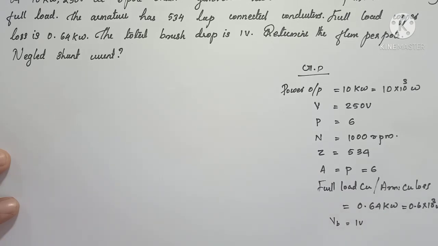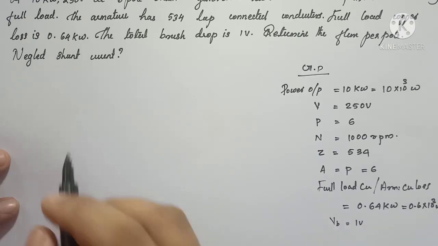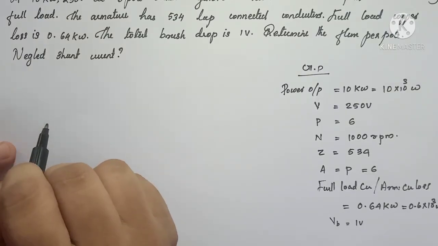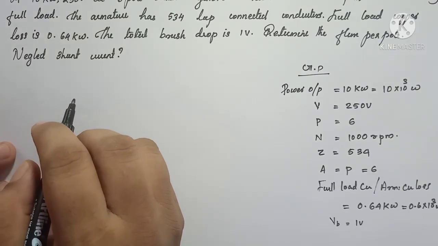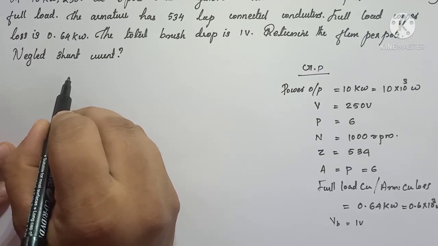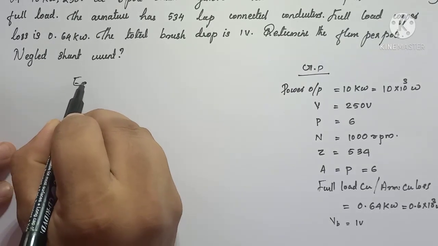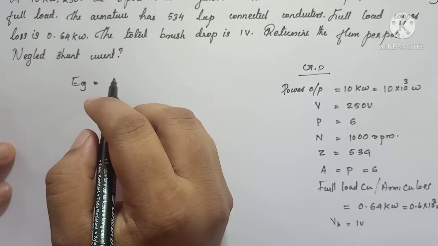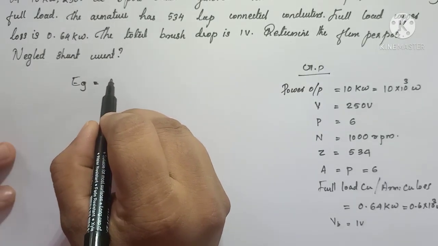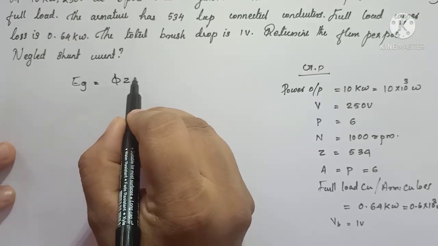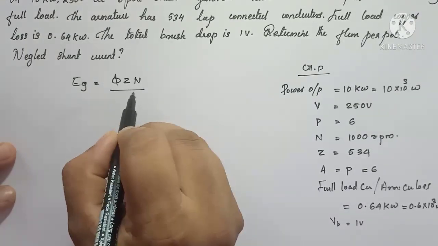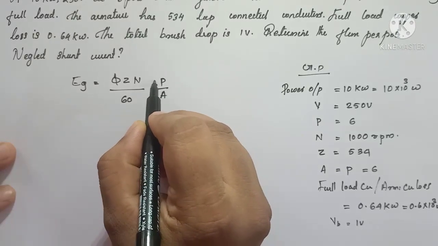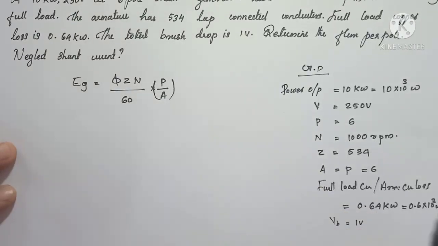We can find the flux per pole from the generated EMF equation. We know that Eg is the EMF generated in the generator. Eg is equal to phi Z N by 60 into P by A. This is the equation for generated EMF.